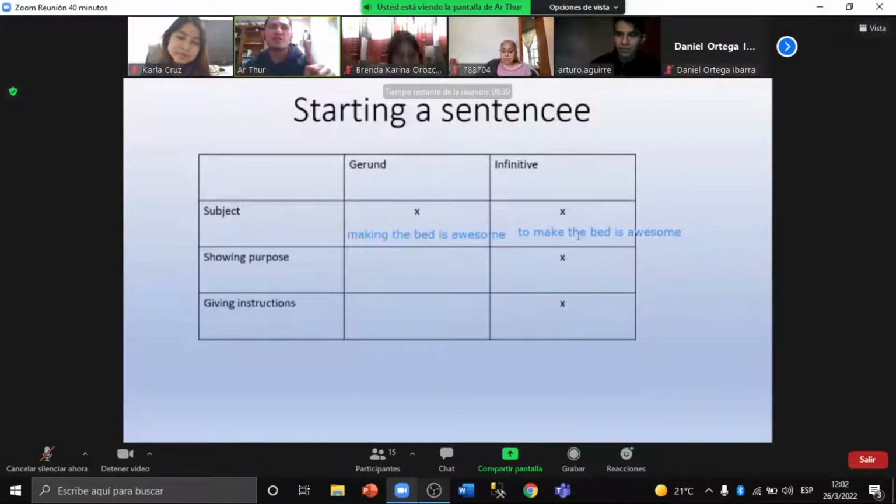To study English, I have to make a registration in a school. It's like in Spanish, guys. Para aprender inglés, me tengo que inscribir en una escuela. To learn English, it's necessary to make a registration in a school. It's a possibility, a probability, or could be a suggestion or an opinion.